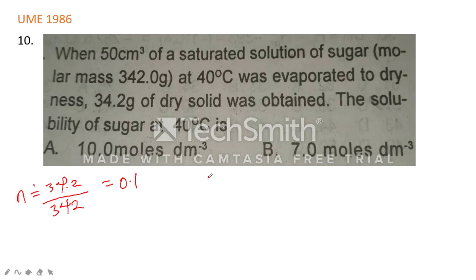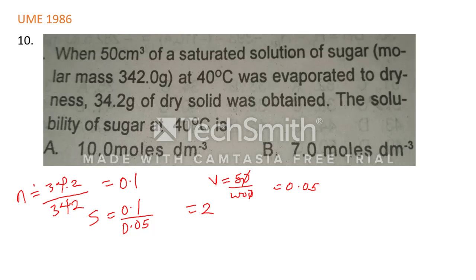Now the volume will be 50 divided by 1000, so the units cancel and we have 0.05. So the solubility is going to be 0.1 divided by 0.05, which is equal to 2, which is option D. That's for that.